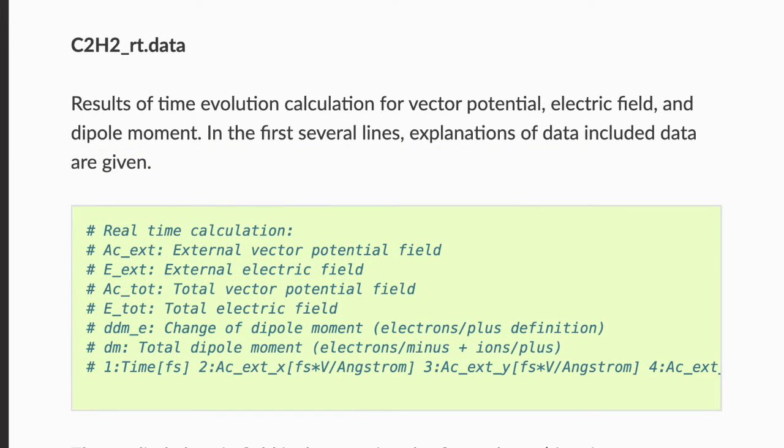Let us discuss the other output files. In c2h2_rt.data, the quantity obtained by the time evolution calculation is expressed as a function of time. Similar to other files, the quantity that the file contains is described at the beginning of the file.